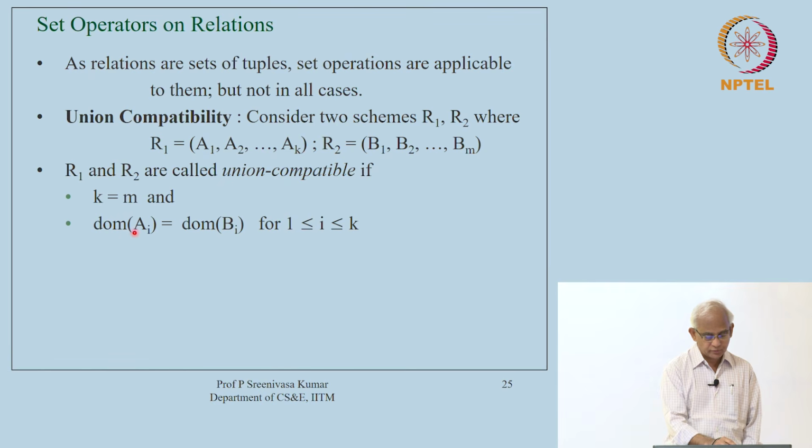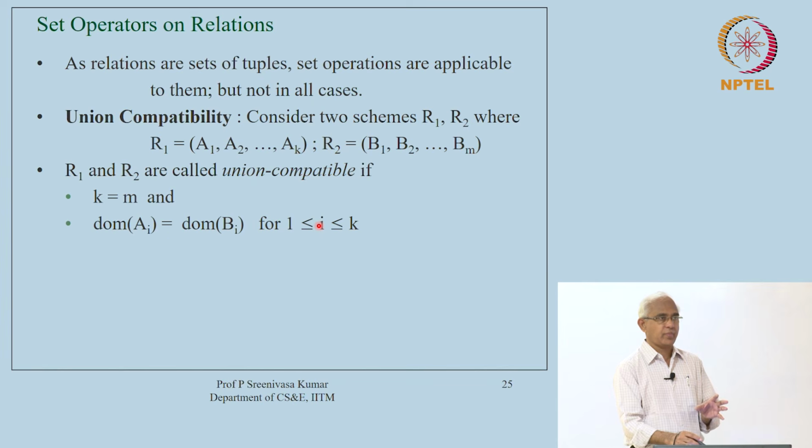So, you want the domain of corresponding attributes to be the same and the number of attributes should itself be the same. If these two conditions are satisfied, then we will call that pair of relations union compatible, and then we can talk about producing unions and differences and all that.